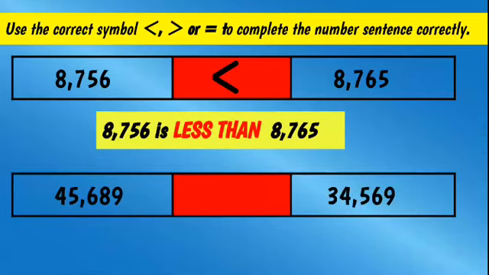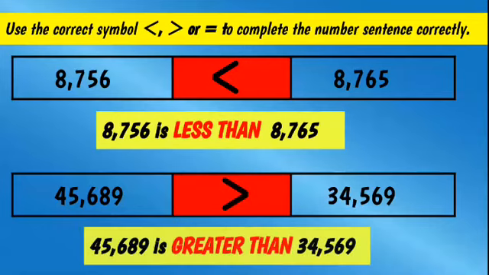Another example, 45,689, is it less than, greater than, or equal to 34,569? So here we have our greater than. So 45,689 is greater than 34,569.